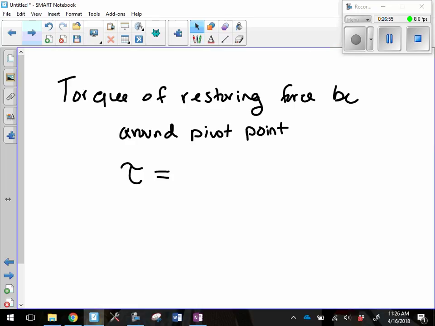So hang on, let's just remember in case we've forgotten, okay, that torque is what?